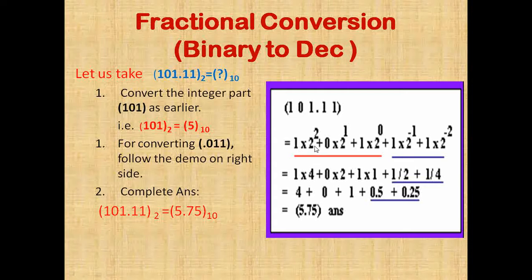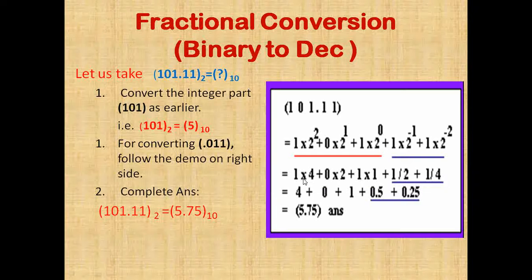So this becomes 1 into 2 to the power 2, which is 4, 2 to the power 1 is 2, and 2 to the power 0 is 1. Then 1 into 1 by 2, because 2 to the power -1 is 1 by 2. 2 to the power -2 is 1 by 4, because it becomes 1 by 2 squared. So 1 by 2 plus 1 by 4.